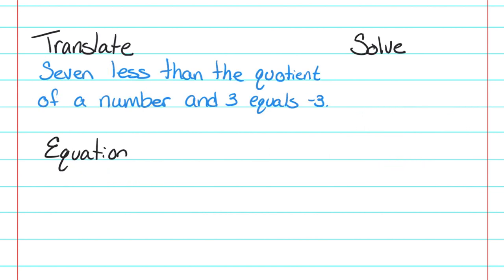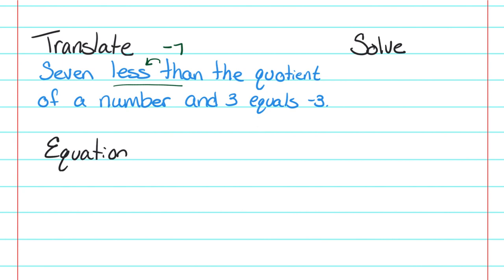Okay, looking at this example. This is what we need to translate. 7 less than the quotient of a number and 3 equals negative 3. That sounds like a whole lot going on, but let's break this down and see what it is really saying. 7 less than. I'm going to have something, and then I'm going to subtract 7. Remember, the less than words are those turnaround words, which normally mean this is going to go behind.